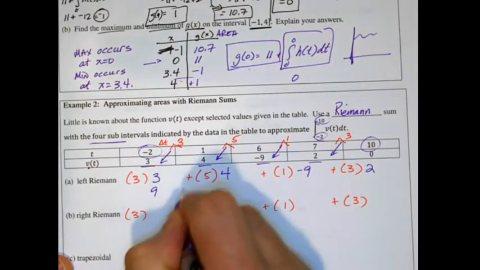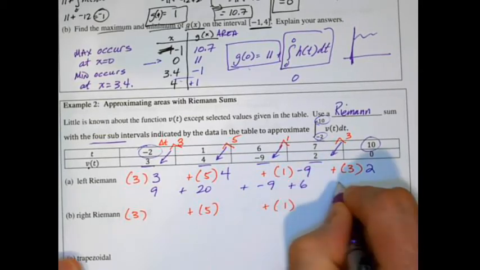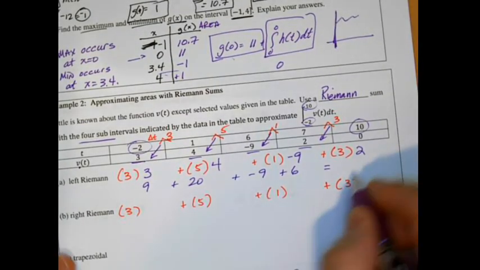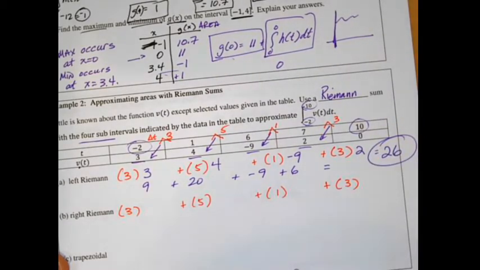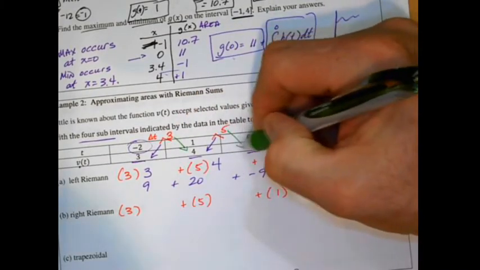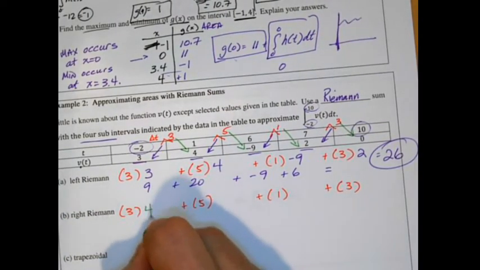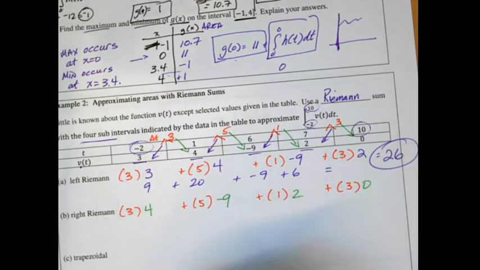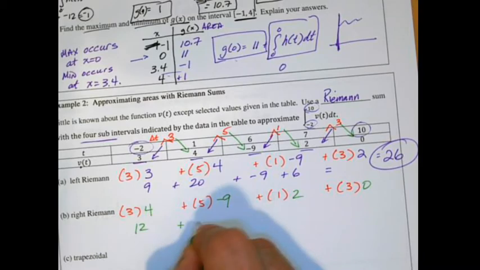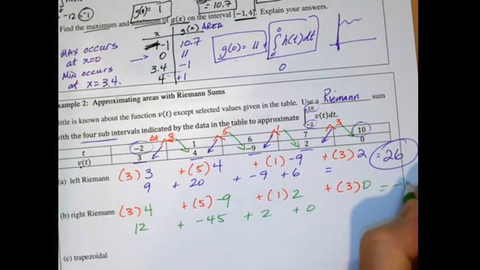So 9 plus 20 plus a negative 9 plus 6, and that is equal to 26. Over here in green, when we do the right, we use the right value of each interval. So we have 12 plus negative 45 plus 2 plus 0, which is negative 31.